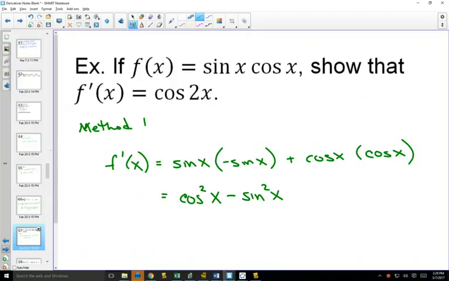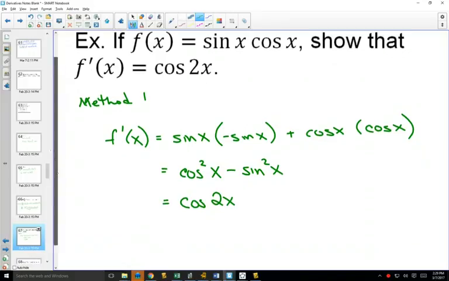And that's one of our identities. Cos squared minus sine squared is cos 2x. Method number 1. I like method number 1.